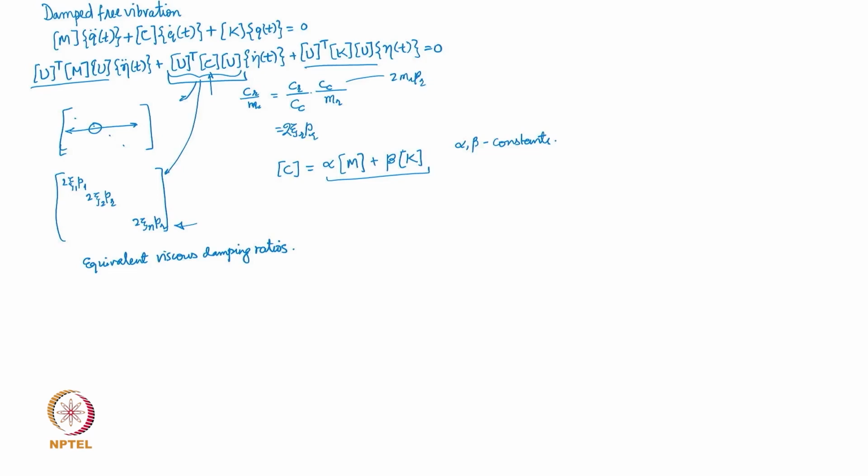The other is a method of representing the damping in terms of mass and stiffness. This method is called proportional damping, representing the damping as proportional damping.